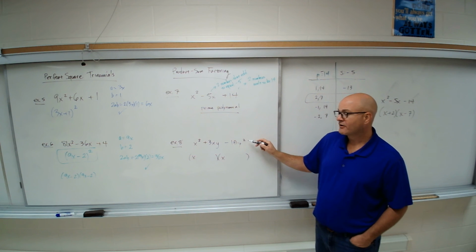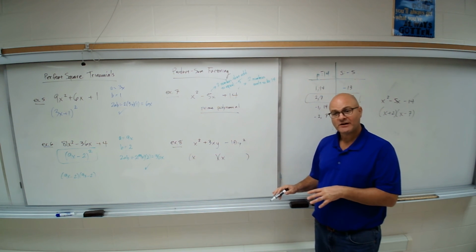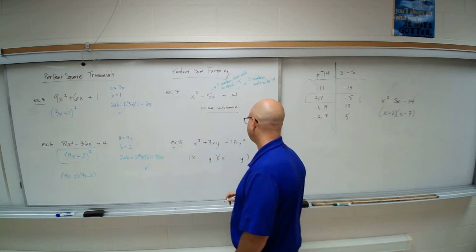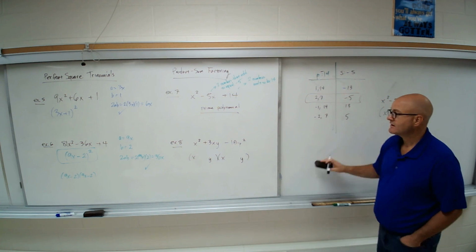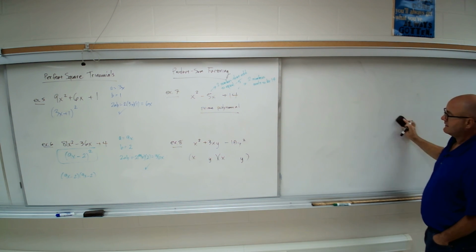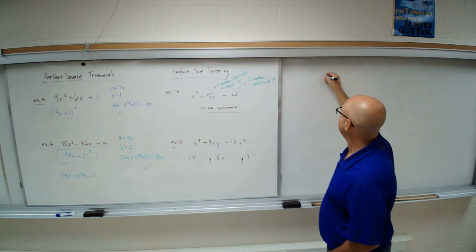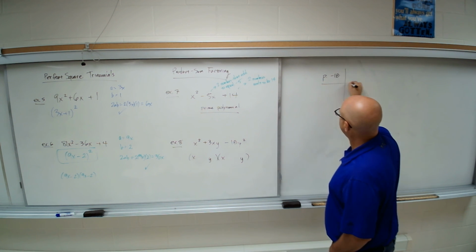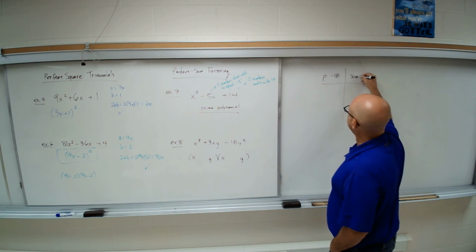And then the last term, there's going to be some number associated with them, but each of those are going to have a y with them. So what we need to do is find two numbers that multiply to be -18, so product of -18 and the sum of 3.